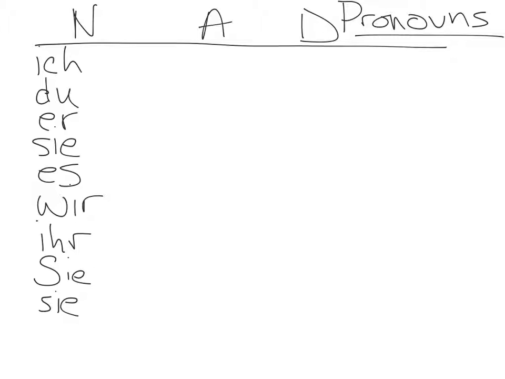What does ich change to in accusative? Mich. What does it change to in dative? Mir. I always found it more helpful to learn them like that instead of learning it accusative and then learning the dative. So ich, mich, mir, du, dich, and going through it that way and memorizing them straight across, so to speak. So what does du change to in accusative? Dich. Dative? Dir.